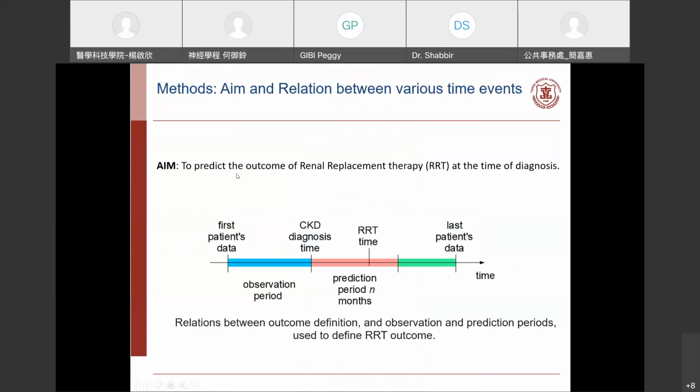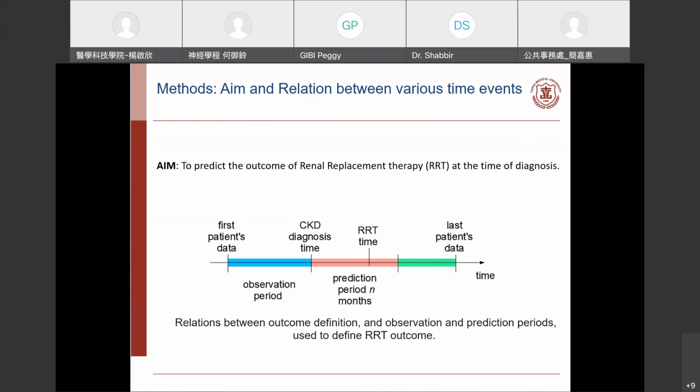So what we did is our aim was to predict the outcome of renal replacement at the time of diagnosis. So what we want to see is when this patient is likely to start hemodialysis. We define CKD diagnosis time as the day the patient is first diagnosed with CKD. Patients are then followed for the next 24 months, with n equal to 12, 6, and 3 months prediction period.